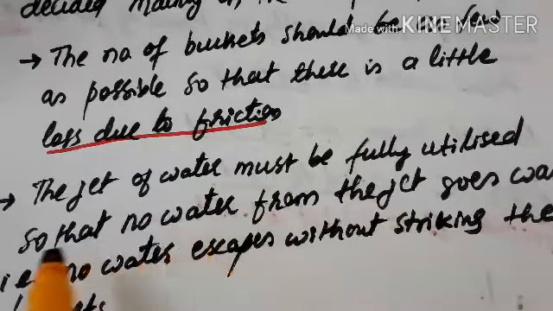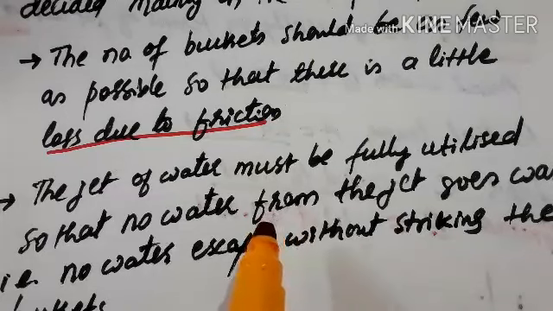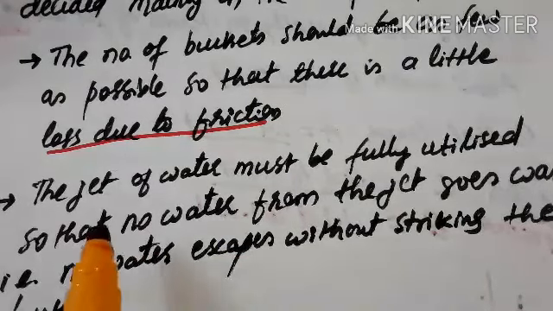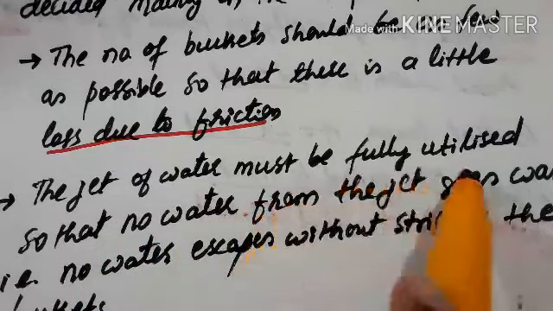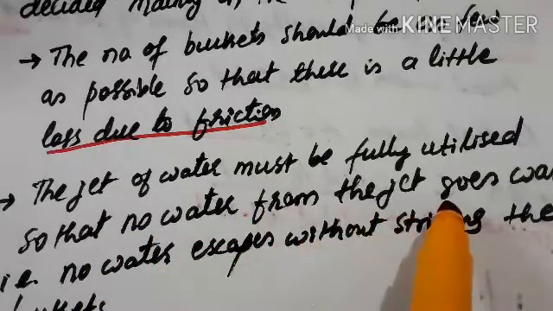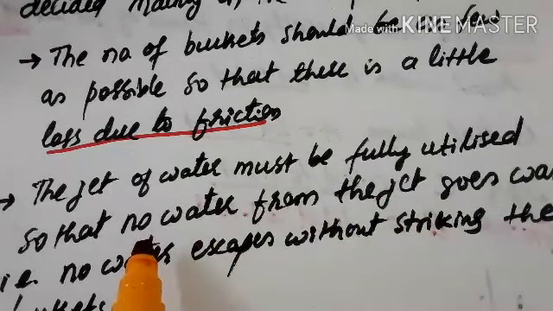Whatever jet comes and hits the buckets of the Pelton wheel should be completely utilized by the buckets provided on the wheel, so that no water from the jet goes waste. None of the buckets should miss the jet.